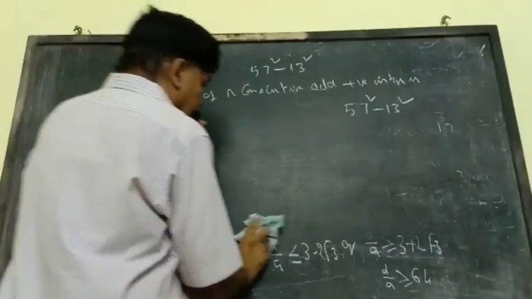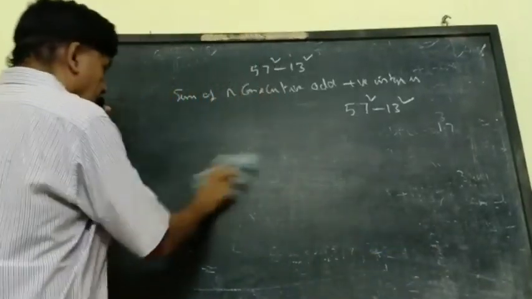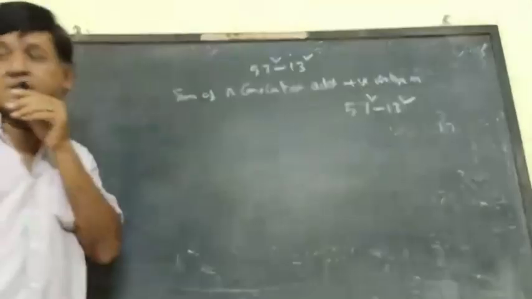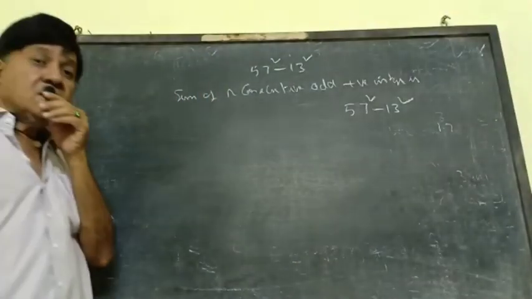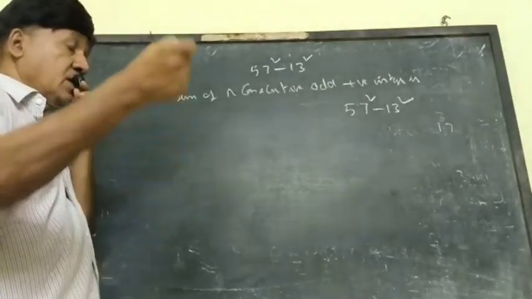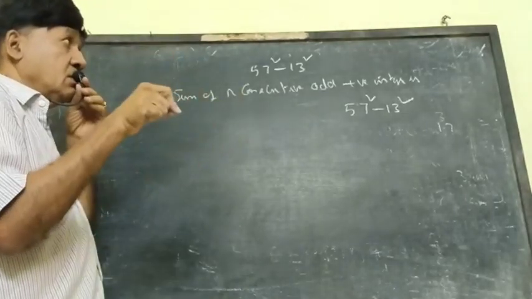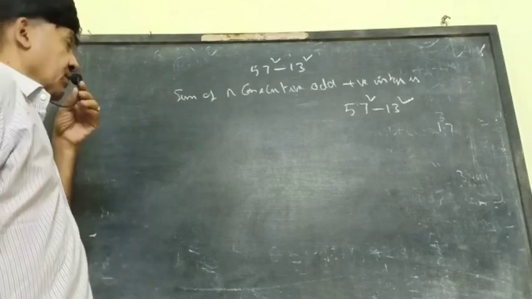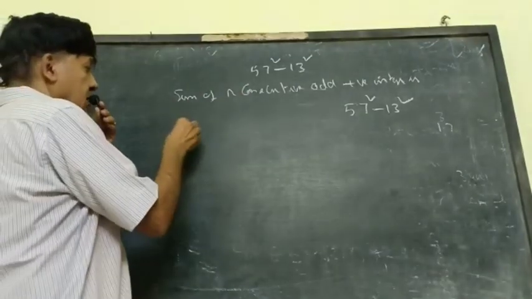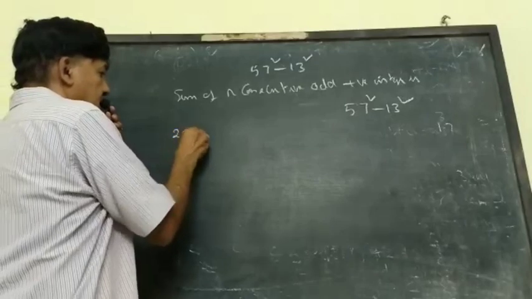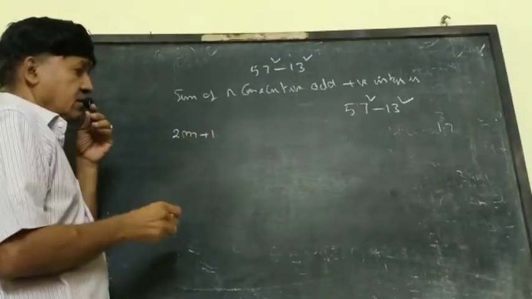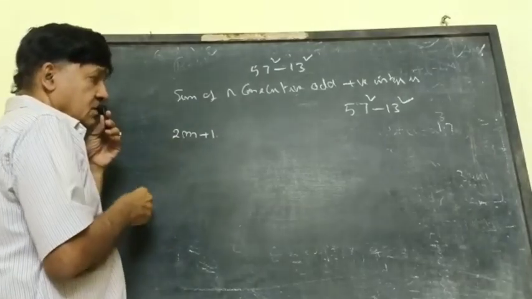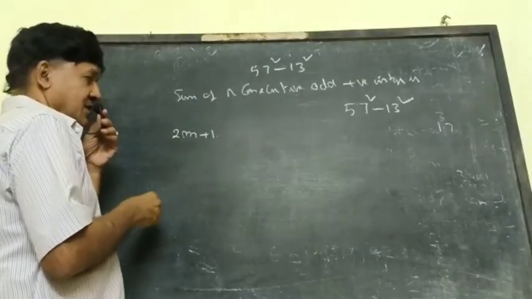So the sum of n consecutive odd positive integers is 57 square minus 13 square. You have to find n, and you have to find the least and greatest integers in that series. See, the first one is, let us say, 2m plus 1, where m is an integer, and m can take 0 of course.